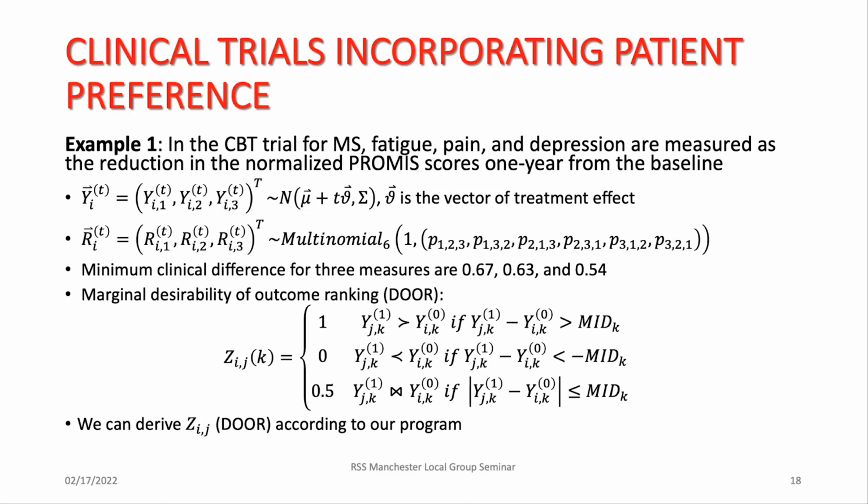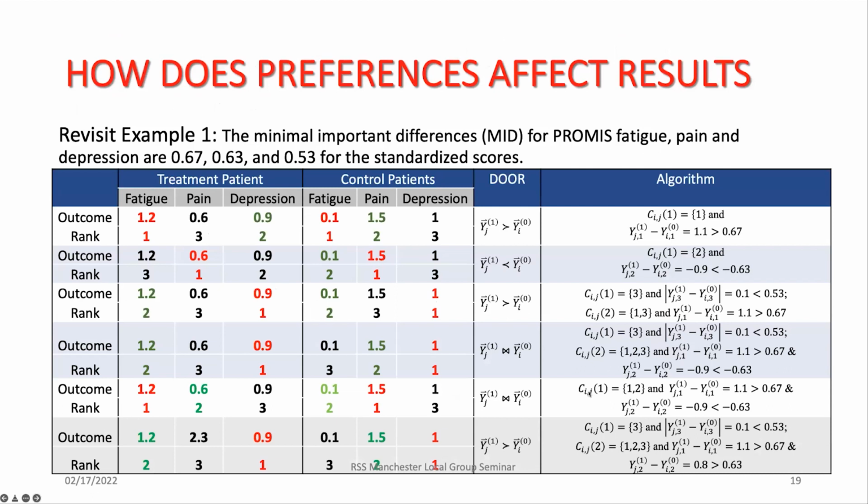In other words, if the difference is less than that, it's not considered important. So we can do the marginal difference. If the difference between 2 patients is more than the minimum important difference, then treatment wins over the control. If less than that, treatment is worse than control. If within that, they tied. By doing that, we can derive this pain score.